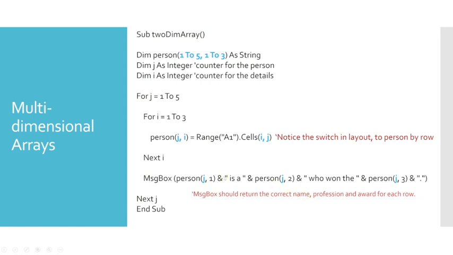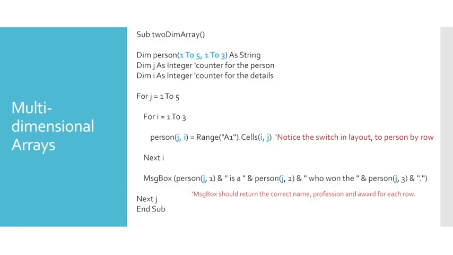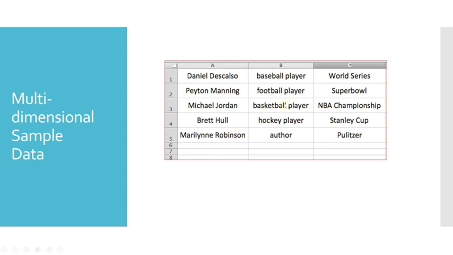Now, granted, I don't have names here, I just have these initials up here for the sake of space mostly, but what you're going to see when this macro is totally done running is this. You're going to see names, and then their sport, and then what they've accomplished in their sport.